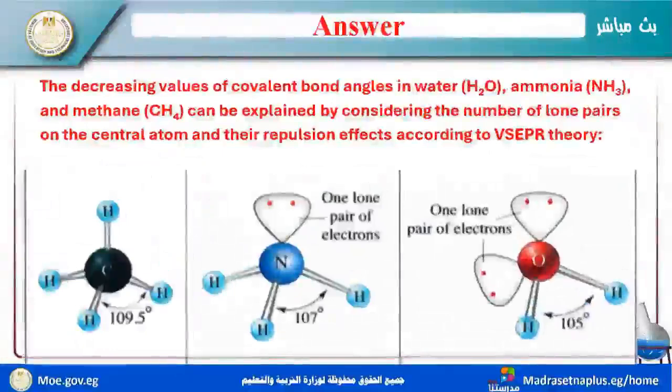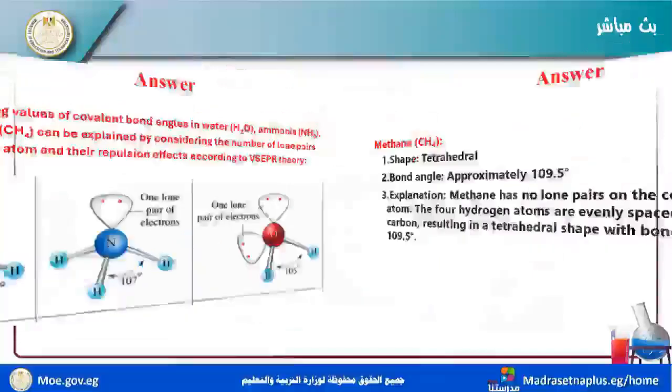Now we have the shape of ammonia gas, the shape of methane gas, and the shape of H2O gas. We have a decreasing value of covalent bond angle in water, ammonia NH3, and methane CH4. This can be explained by considering the number of lone pairs on the central atoms and their repulsion effects according to VSEPR theory.